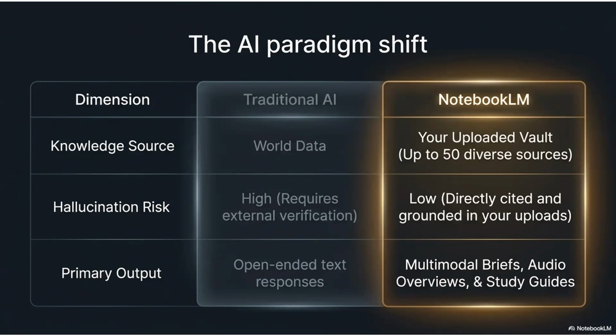The primary output from the traditional AI tools that we use is a generic, open-ended text. But in Notebook LM, I will show you how we can work very interestingly on the output from the source that we have uploaded.